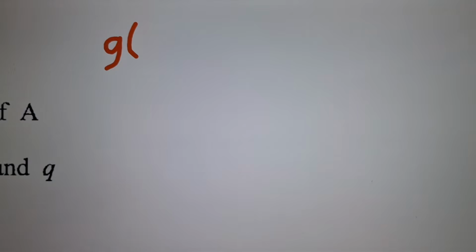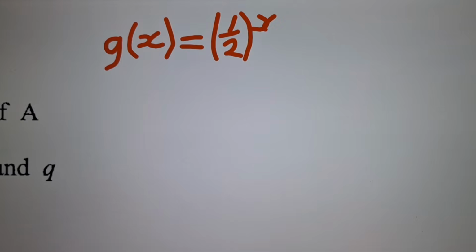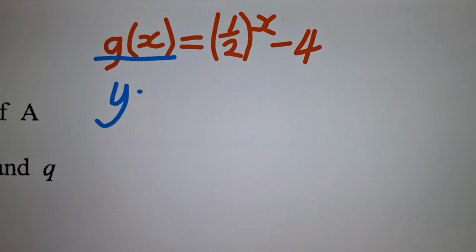The equation, g(x), equals half to the exponent of x, then minus 4. We can write g(x) as y. So y equals half to the exponent of x minus 4. Remember, D is the y-intercept, so x should be 0.